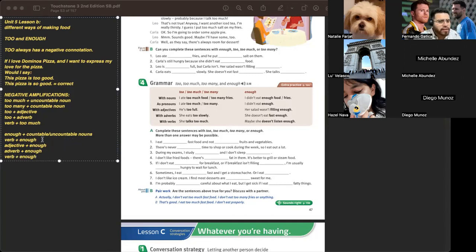Okay. For example, I don't do exercise enough. Verb enough. I don't sleep enough. Sorry, you're not tall enough. Sorry, you don't run quickly enough. Do you sleep enough at night? Do you eat enough vegetables?